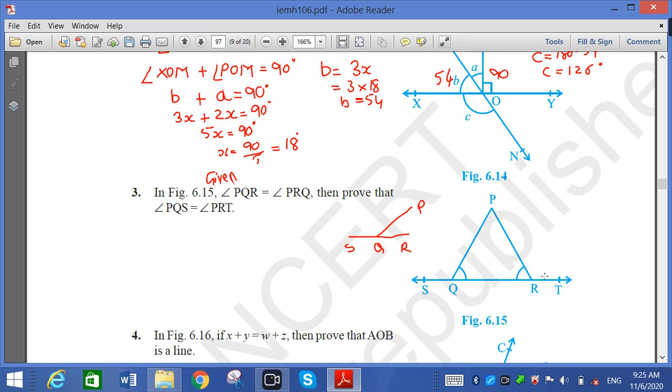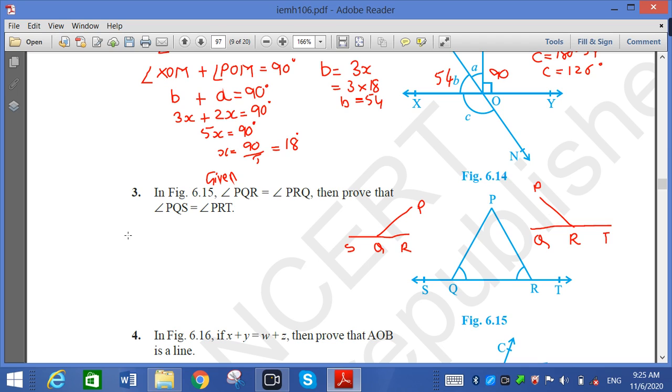Again here, R T P, again it is a linear pair. PRT is equal to PRQ.